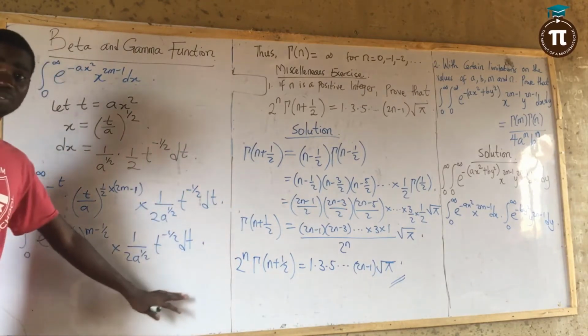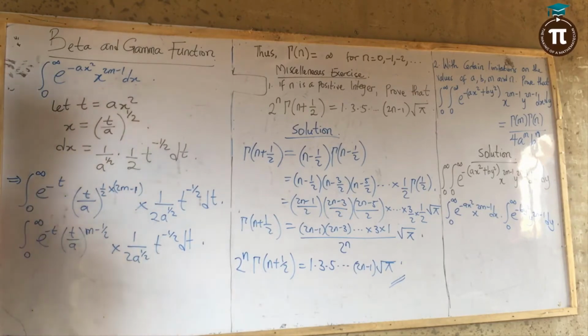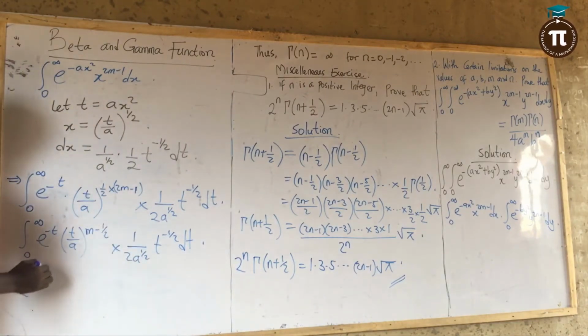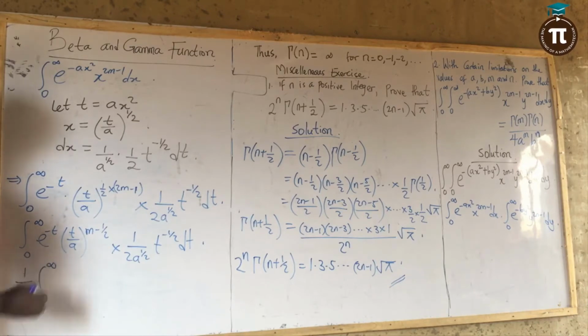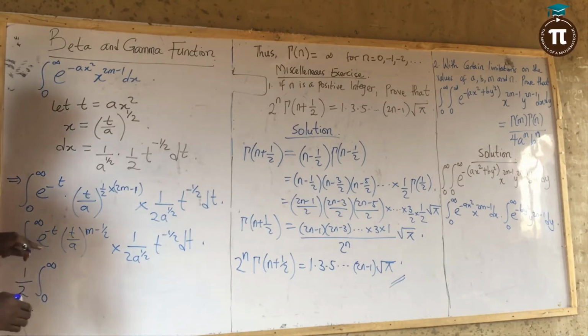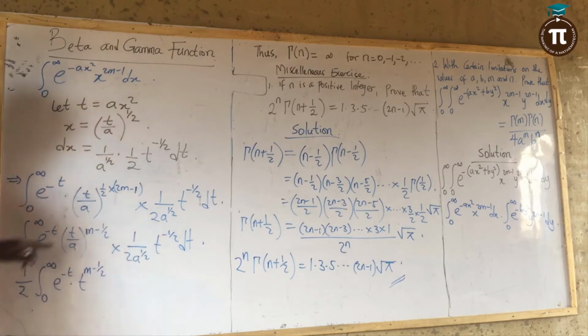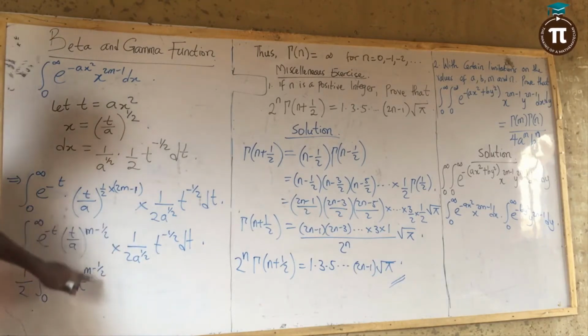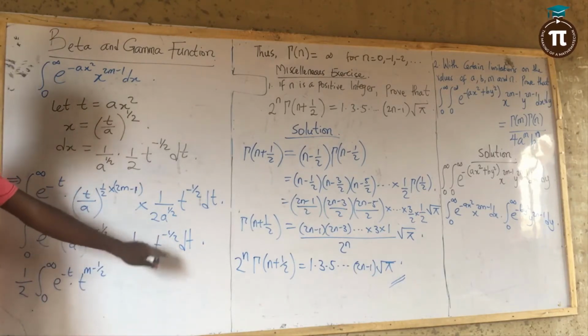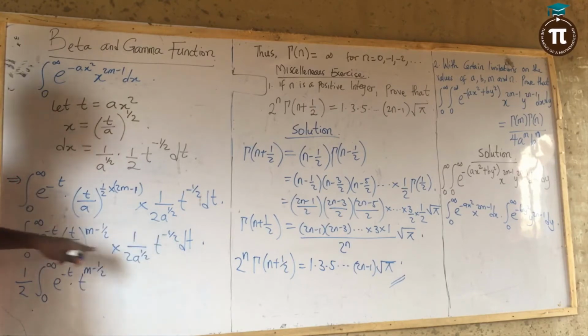So at the end of the day, this 1 over 2 will come out. Let it come out. 1 over 2 integral from 0 to infinity of e raised to power minus t multiplied by t raised to the power of m minus 1 over 2, but I have another t raised to power minus 1 over 2.